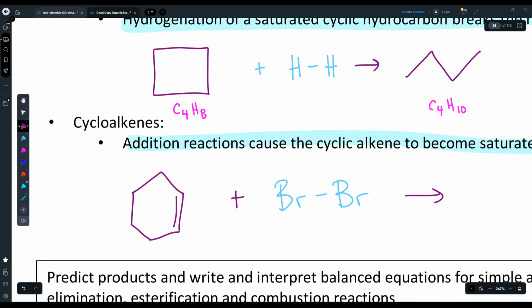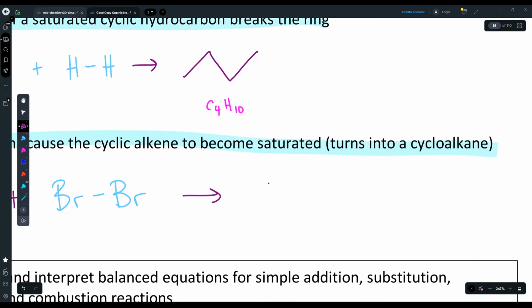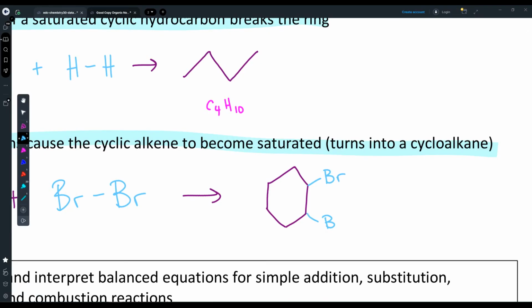Essentially what would happen is bromine would be added to either side of this double bond, and then the double bond would be turned into a single bond because it gets used up taking on that bromine.